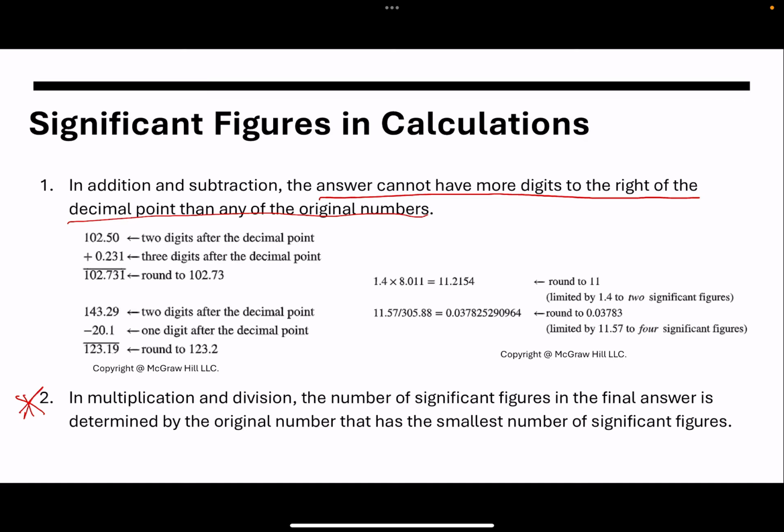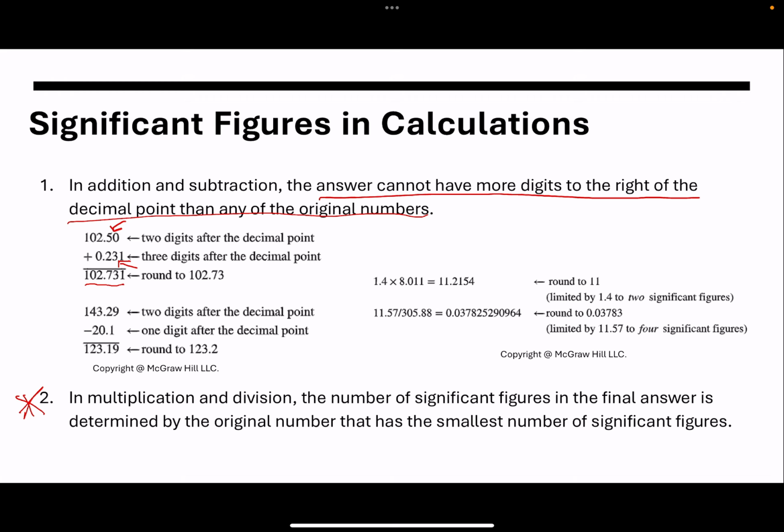So if you look here, this number has two digits to the right of the decimal point, and this number has three digits to the right of the decimal point. So when we add them up, like we learned how to do in elementary school, we end up with the number 102.731.